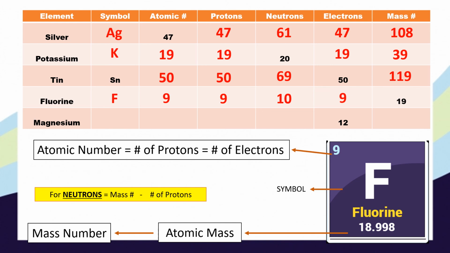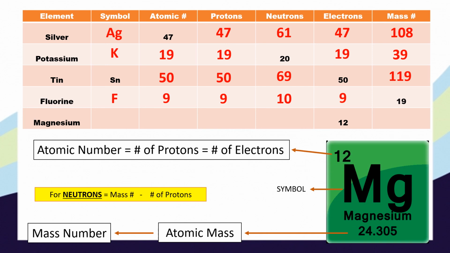And last but not the least, let us have magnesium. Magnesium has a symbol of Mg. It has an atomic number of 12. Therefore, proton is also 12 and electrons is already given as 12. Now we're looking for the mass number and number of neutrons. Let us first find the mass number.